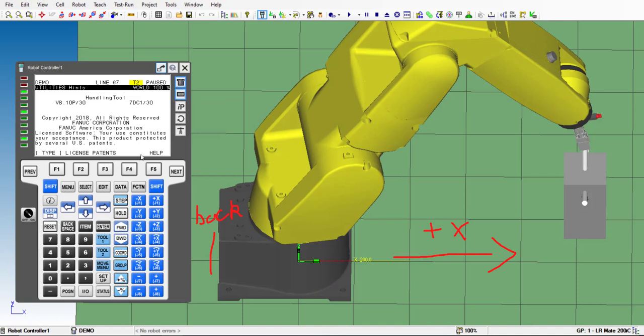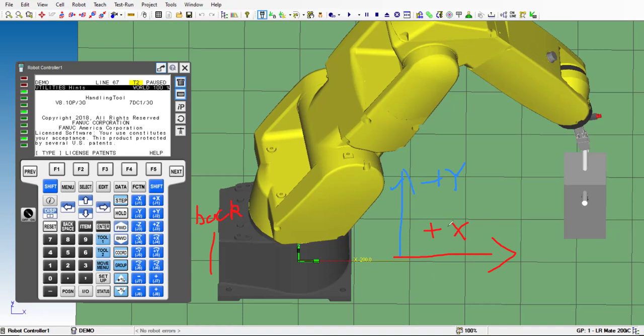If that's your positive X direction, then we will have the Y direction at 90 degrees to it. So that's the positive Y direction, right? You need to first understand this. This is the first part of the right hand rule.